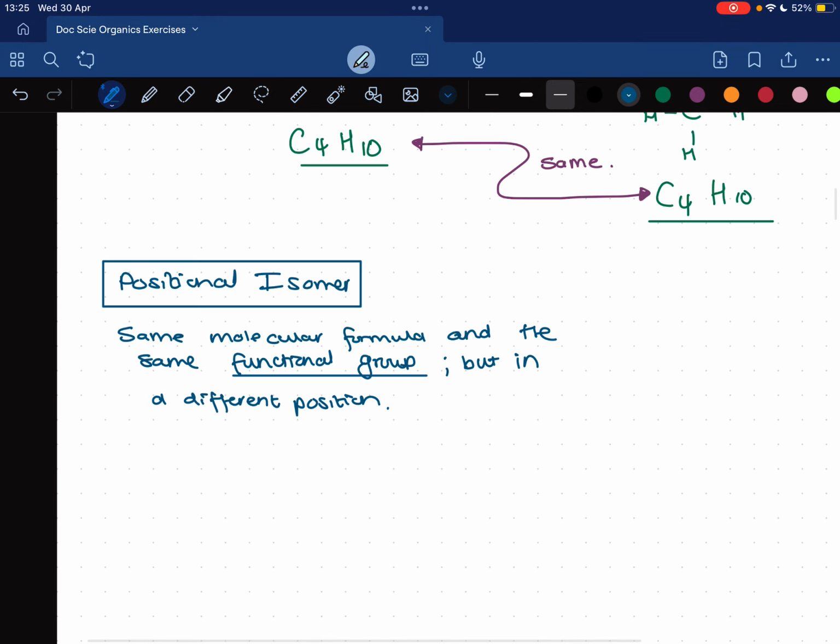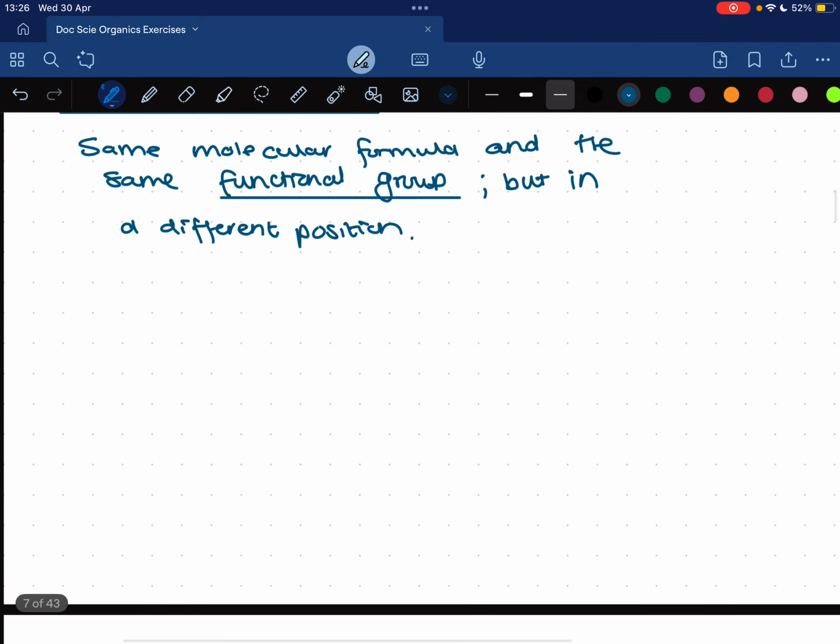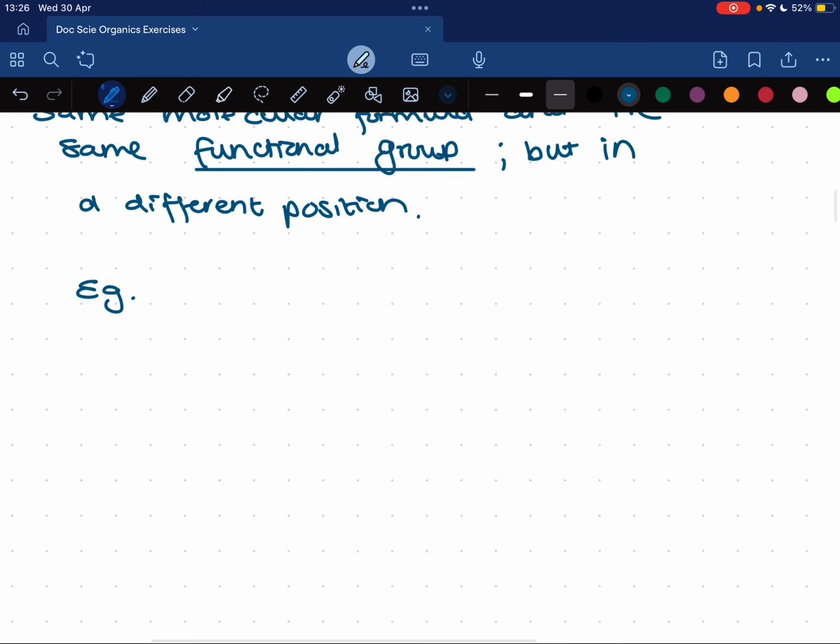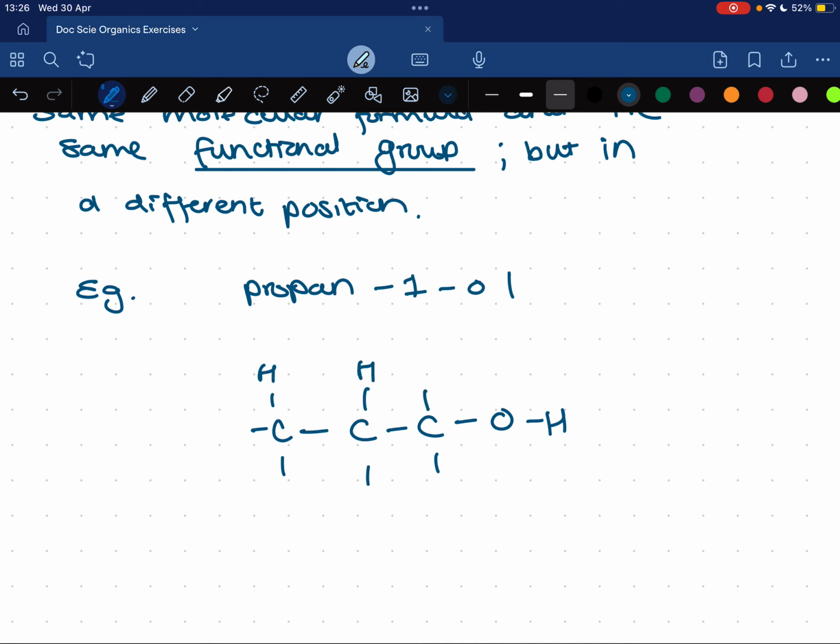Okay, so if we look, an example would be propan-1-ol, which would have 1, 2, 3 carbons, and I can see that the alcohol is on number 1, the hydroxyl group.